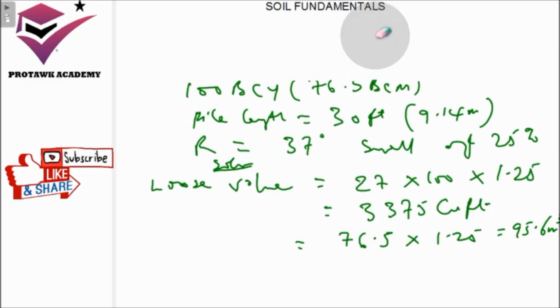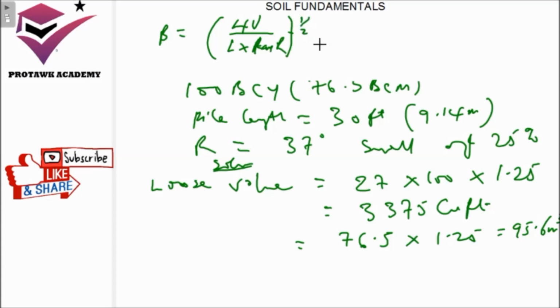The base width B will be equal to, in brackets as given earlier, 4V over the length times tan of the angle of repose, then raised to power 1 over 2.